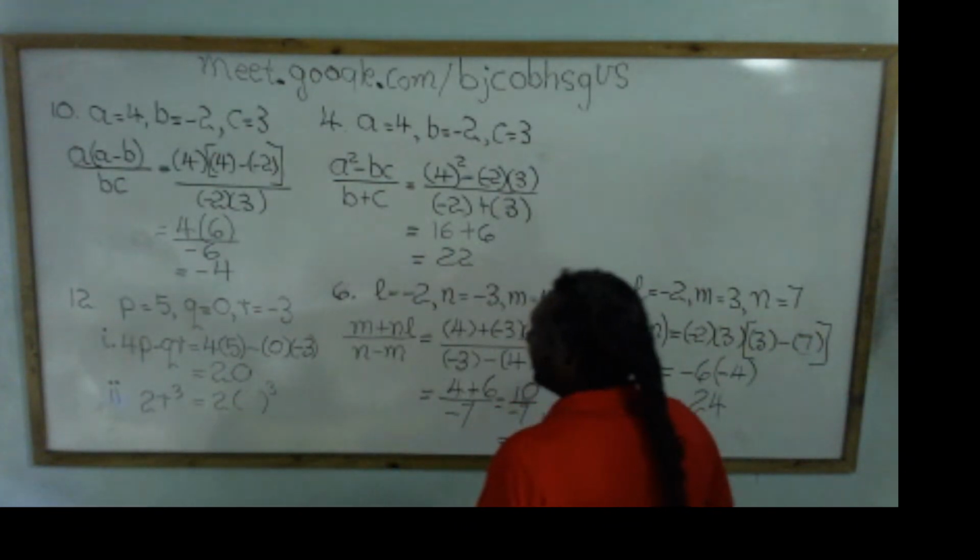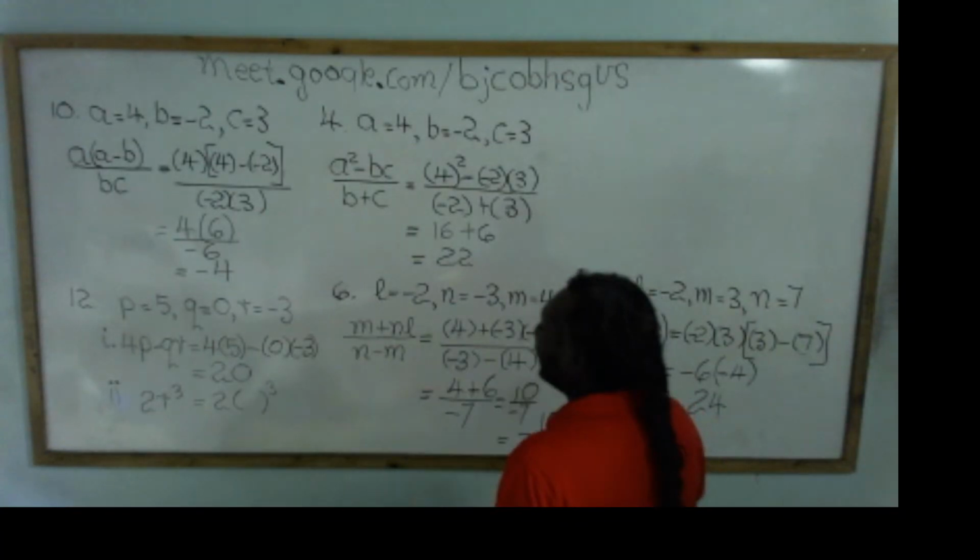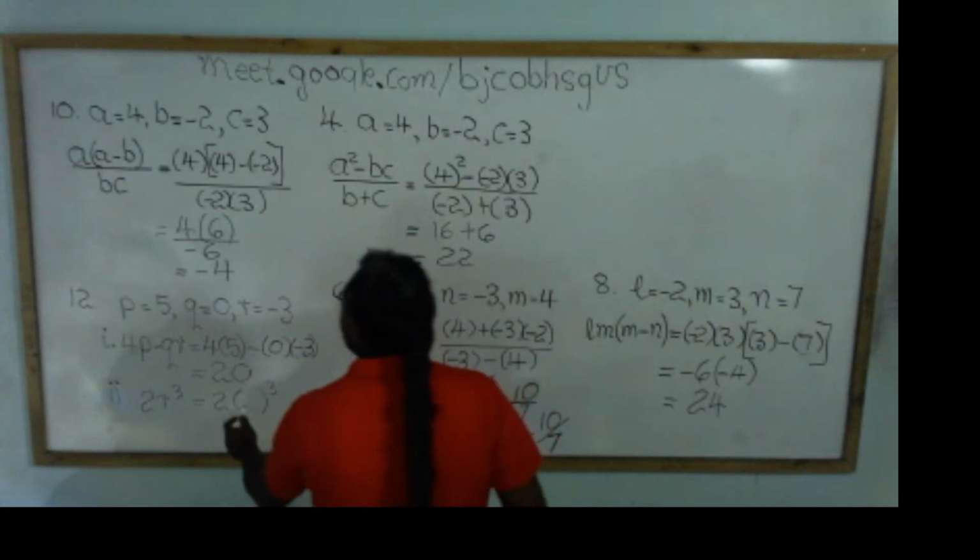I'm looking again to see if I have the right thing. 2r to the power of 3, yes. So r is a negative 3.